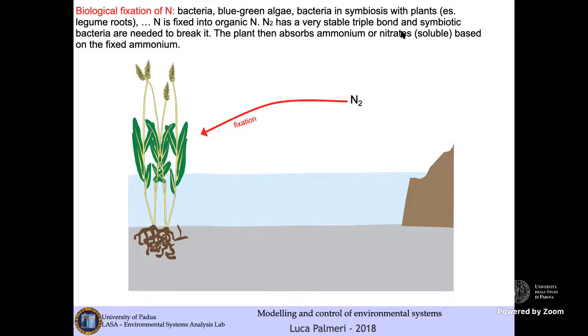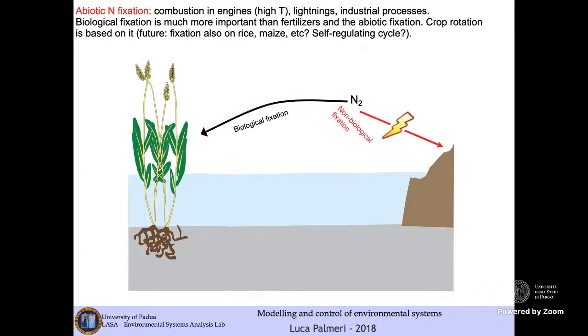So very specific bacteria break these bonds and transfer nitrogen to plants, which then absorb ammonium or nitrate that are soluble, based on the fixed ammonium. So you have what we call biological fixation.